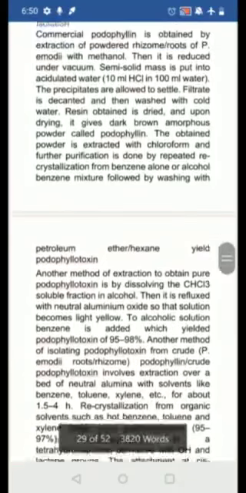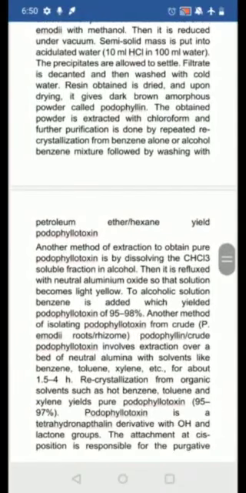When coming to another method, in this method you are going to take the powder and dissolve it in chloroform, and extract using alcohol. Then it is refluxed with neutral ammonium oxide. The solution becomes light yellow. To the alcoholic solution we are going to add benzene, which is going to yield 95 to 98% of the podophyllotoxin.